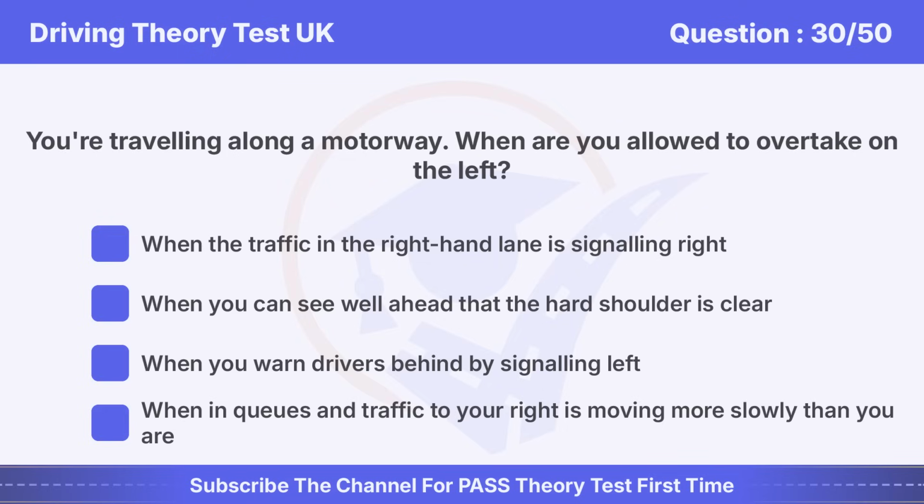D. When in queues and traffic to your right is moving more slowly than you are. Answer is D. When in queues and traffic to your right is moving more slowly than you are.